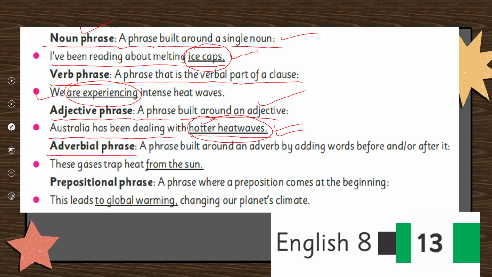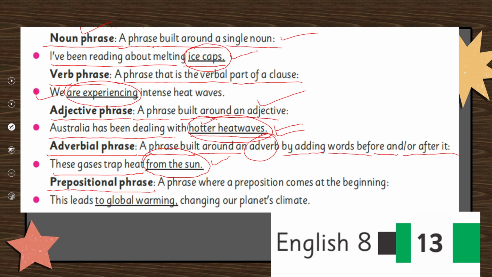For adverbial phrase, we know it's about adverb, a phrase built around an adverb by adding words before and or after it. For example, these gases trap heat from the sun. So this tells us the adverb of place, so we can call this an adverbial phrase.